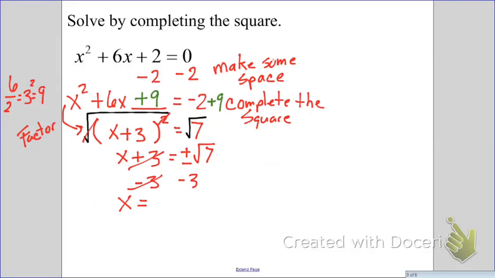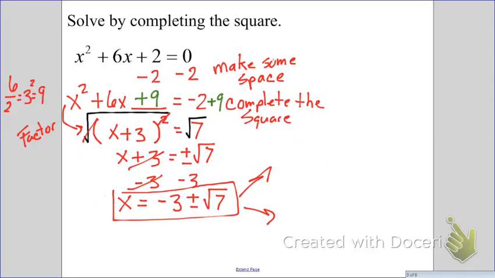And our x equals, we like to put the negative 3 first, then the plus or minus, then the square root of 7. There are two answers. Okay? Do know that this is actually two answers if you really want to split them up. It's negative 3 plus square root 7, and it's also negative 3 minus square root 7. But leaving it the way that I boxed is fine.